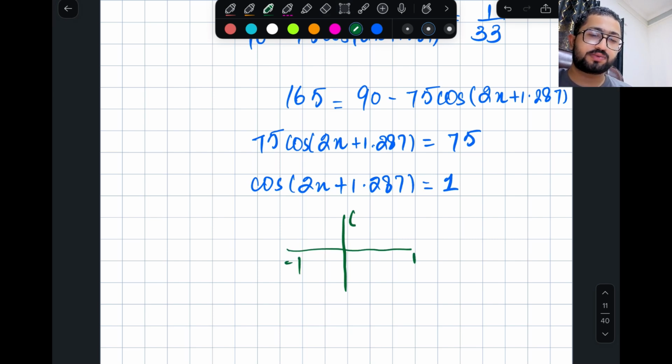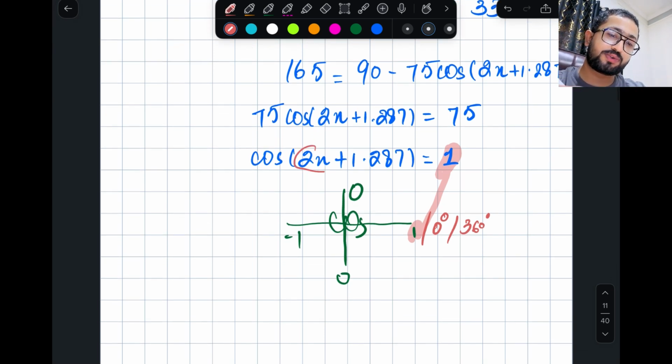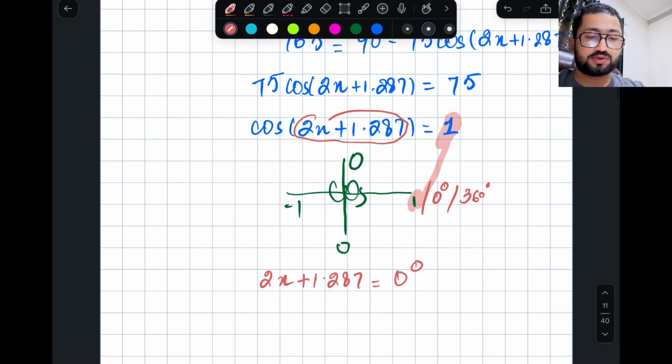Everyone knows the graph of cos. I want to get the value of 1 at which angle? 0 degree and 360 degree. Perfect. So actually 2x plus 1.287 will be equal to 0 degree.